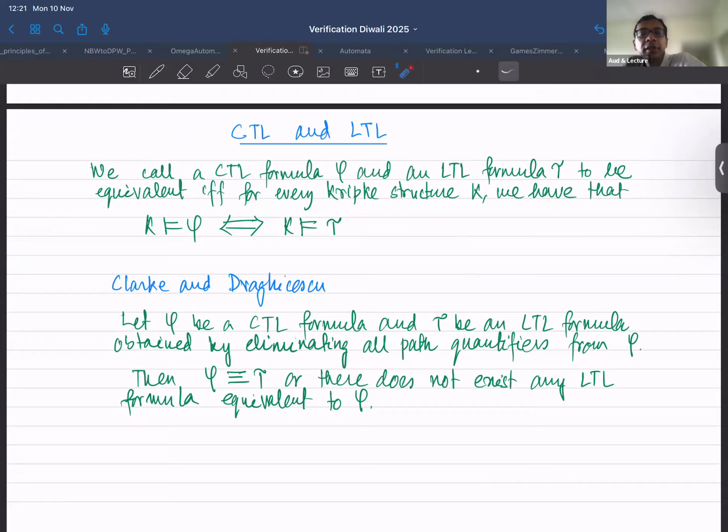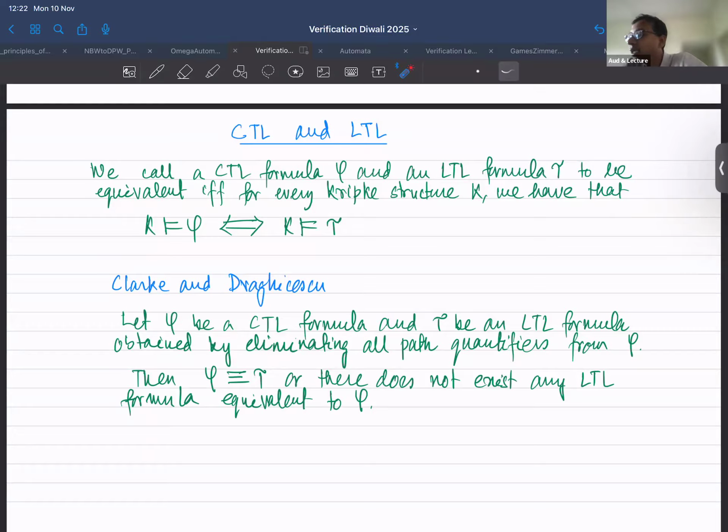Is the statement clear? What I'm trying to say is that not every property that can be expressed using LTL can also be expressed in CTL, and vice versa.